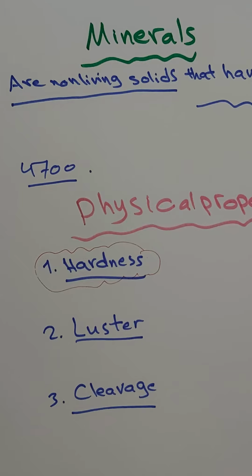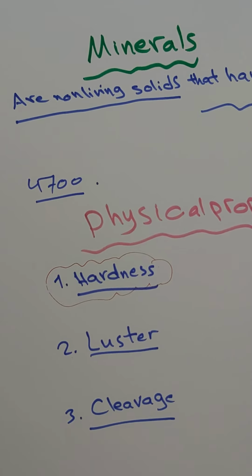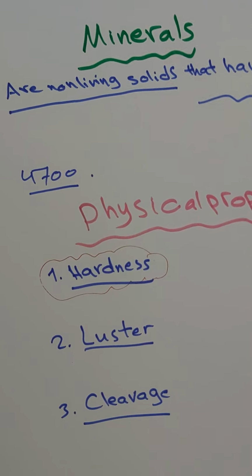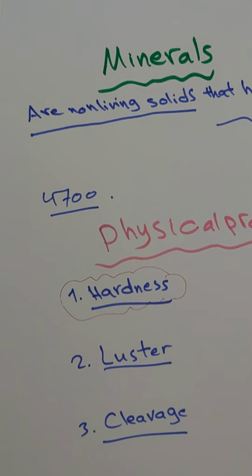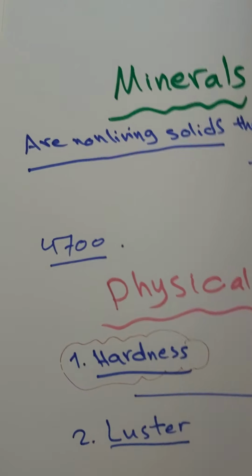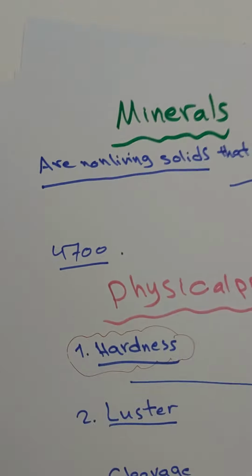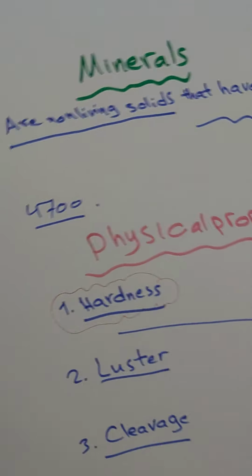So, Frederick Mohs, this scientist, put a scale, and this scale includes numbers from 1 to 10. You'll see this scale in your book at page, I think, 416 and 417.